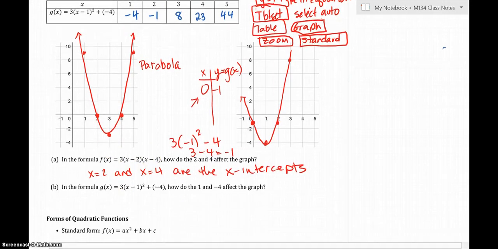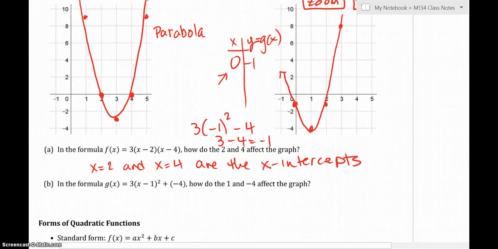Notice how, if we look at, actually it's right there, we don't have to go back up. If we look at this formula, the 2 and the 4, here's the graph for part A, are the x-intercepts. They were where the y was 0. Makes sense. Where the y equals 0. So that did make them the x-intercepts.